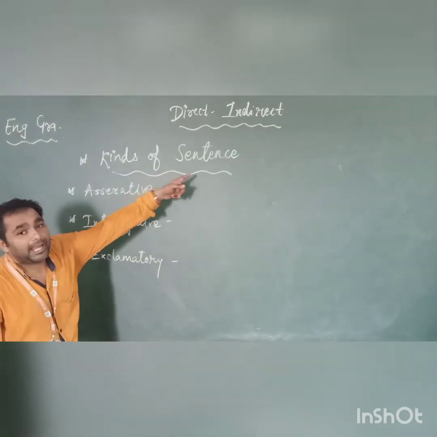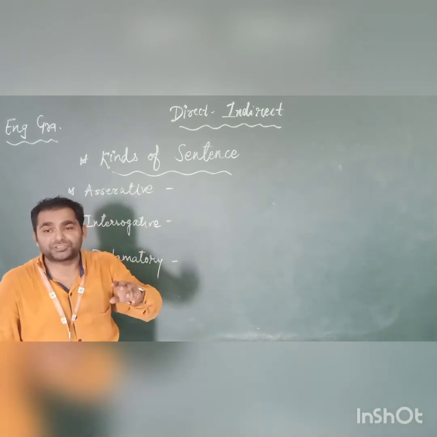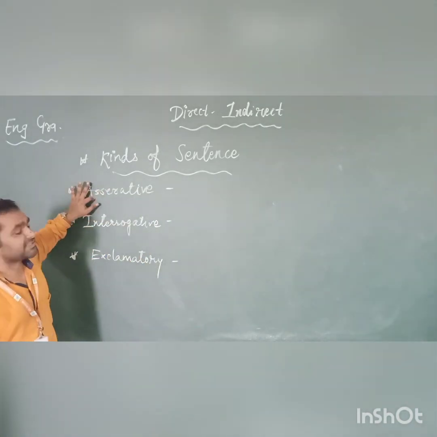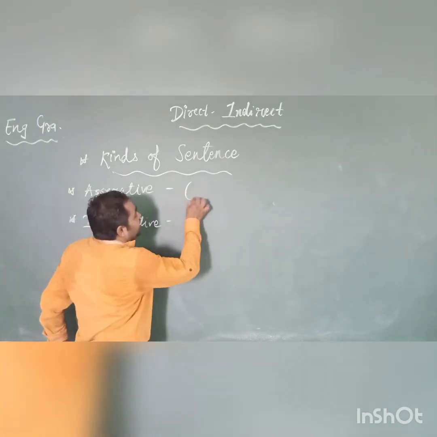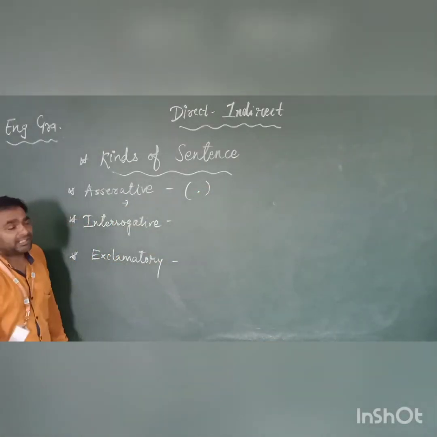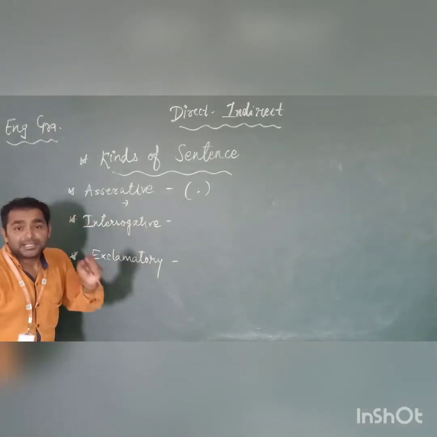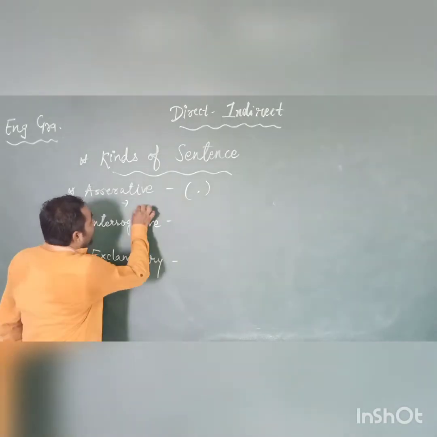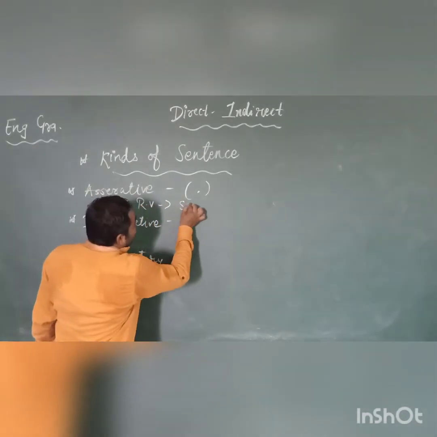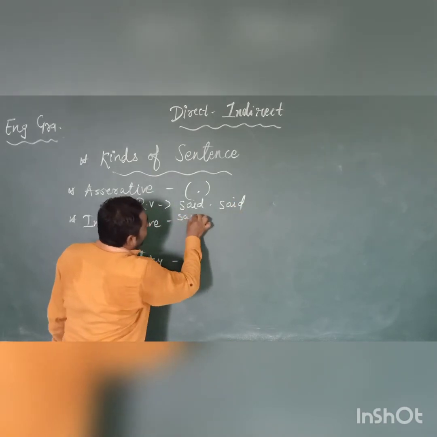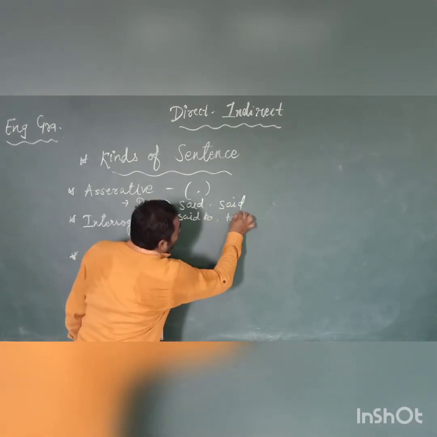Here I have written the kinds of sentence. Whenever we are going to change from direct to indirect, we are using three kinds of sentence. First I have written assertive, which ends with a full stop. So whenever we have a sentence that ends with a full stop, at that moment we are using the reporting verb: if said is there, the same said, and if said to is there, at that moment we are using told.